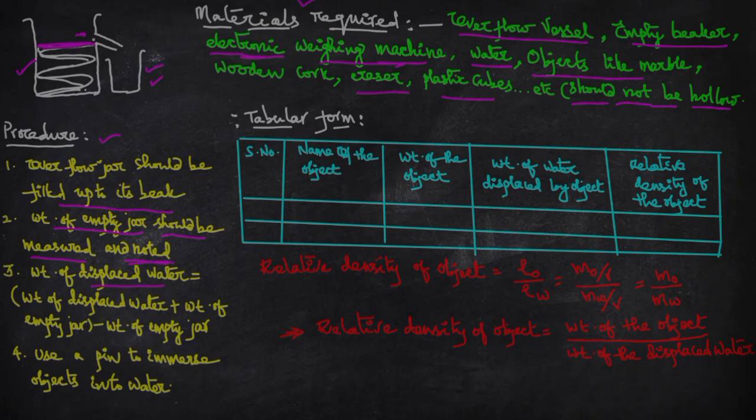And the weight of the displaced water. After dropping the object, the water will be displaced, and we have to find out the weight of the displaced water. This is calculated from this formula: weight of the displaced water plus the beaker minus weight of the beaker. We have to use a pin to immerse objects into water.